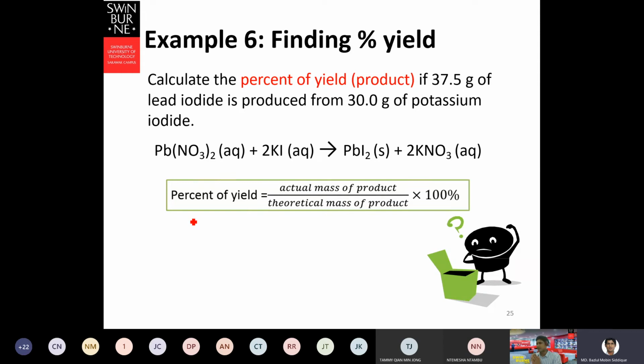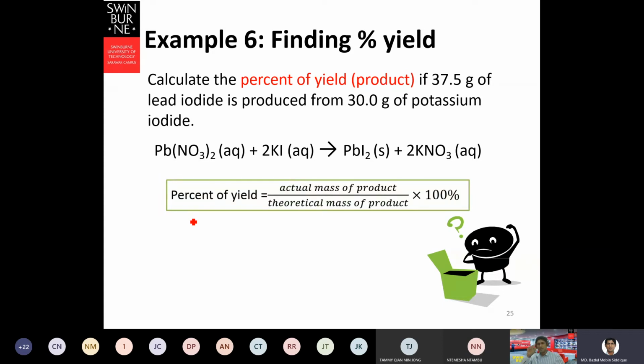First of all, this is because of the natural rule. Another thing is that it is not 100%; mostly it is less than 100%. The product is always, 99% of the time, less than 100%. Rarely is it 100%.